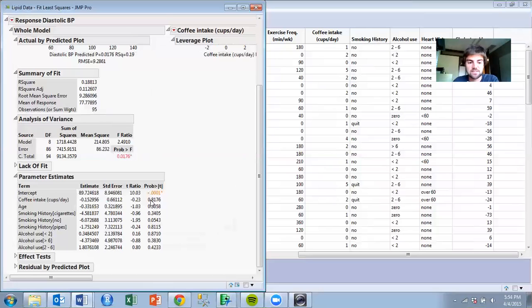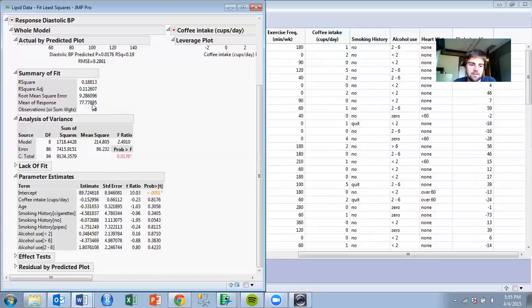You could do a t-test, and this would say no. It does look like a portion of the smoking history, so this no in smoking history is very, very close. But otherwise, everything else in our model looks like it doesn't do a whole lot. Altogether, they are more useful. This F-test basically says it's more useful than nothing to use these predictors.